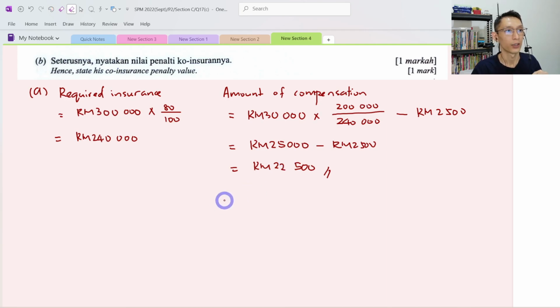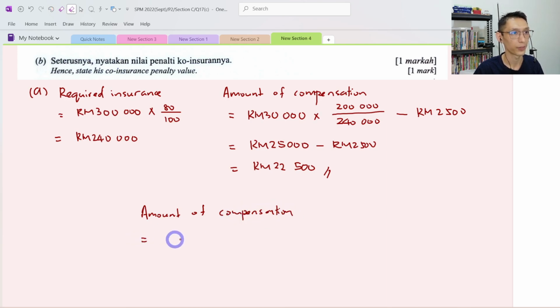So now let's calculate the amount of compensation that Injay Fahim will receive if he insured his house at the required insurance amount. It will become 30,000 minus 2,500, because 240,000 over 240,000 is equal to 1.